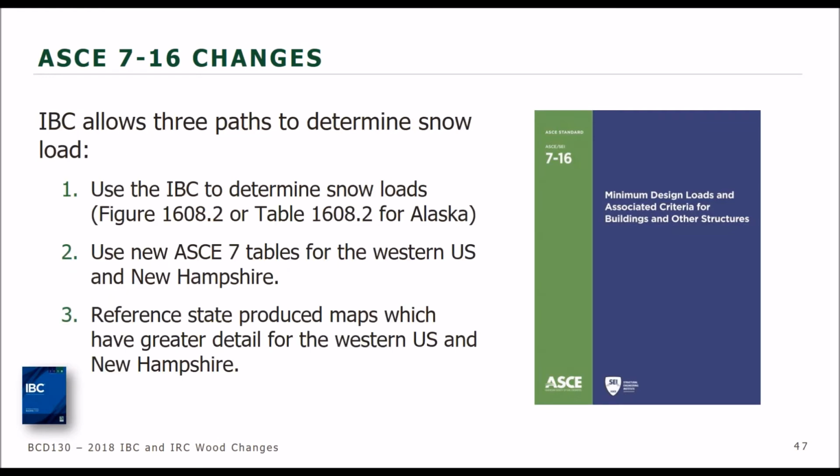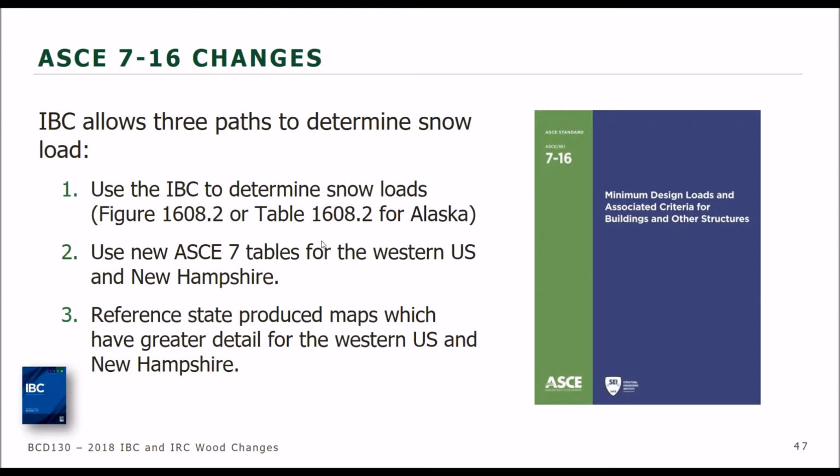However, when we get to the snow provisions, determining the snow loads, there may be some challenges. A proposal to update the IBC snow load provisions to agree with the updated criteria of ASCE 7-16 was defeated during online voting. So now the IBC allows 3 paths rather than 1 for determining the snow loads. We have the IBC determining snow loads based on the figures and tables within the code.